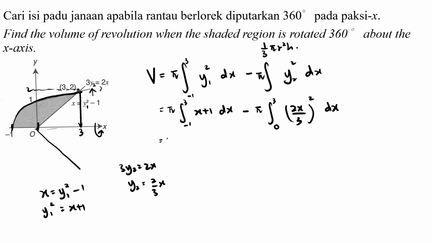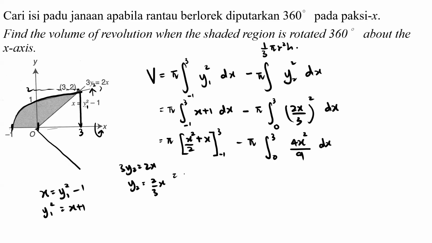Okay, so we have separated this, yeah? So x squared over 2 plus x from -1 to 3, minus pi. This one, we cannot integrate yet. We open up the bracket. We have 4x squared over 9 dx.